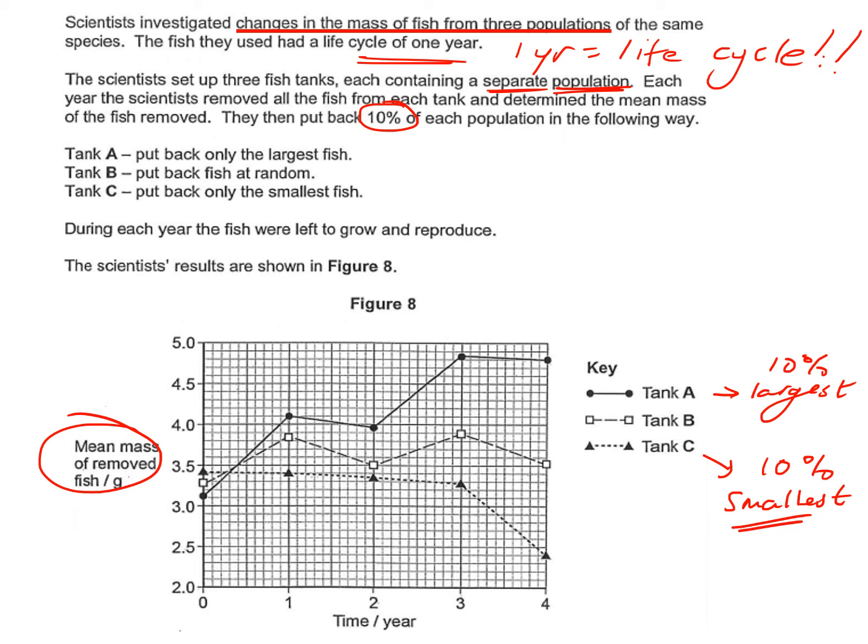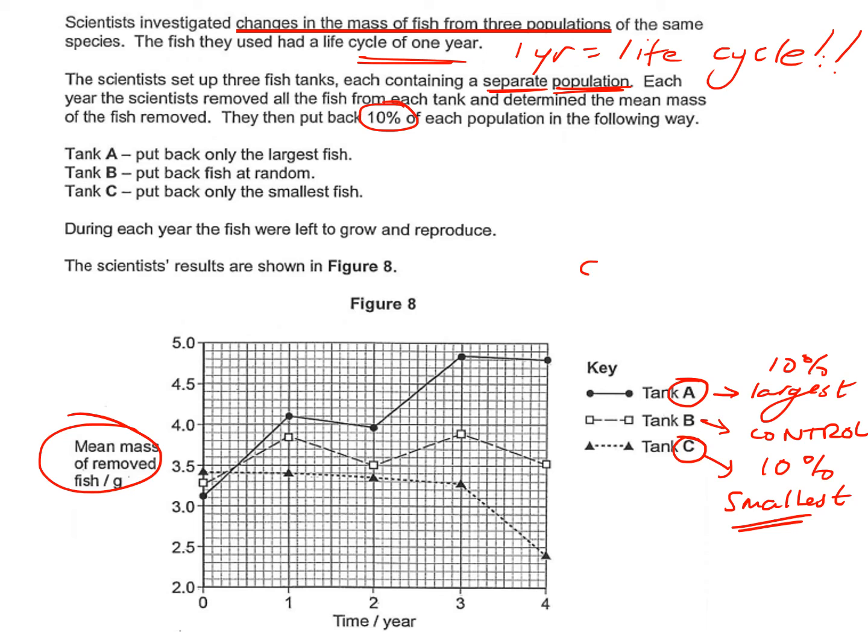Now in B, they don't take the top 10% largest or the bottom 10%. They just take 10% of fish without really looking at if they're the biggest or the smallest. So that's kind of random. So we know tank B is going to act as a control to look at the effect of putting back the largest 10% of fish, or comparing with the smallest 10% of the fish.